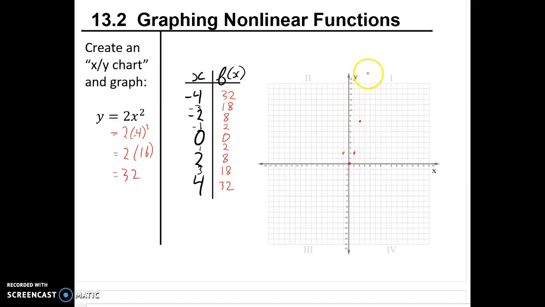Positive 3 is going to go all the way up to 18, which is way up here.